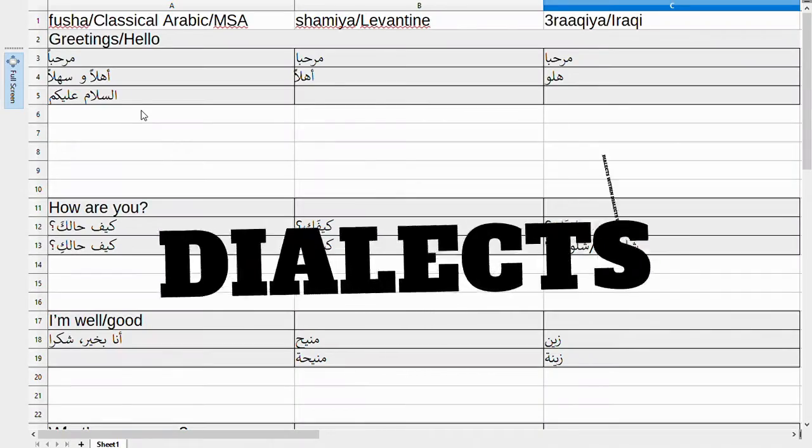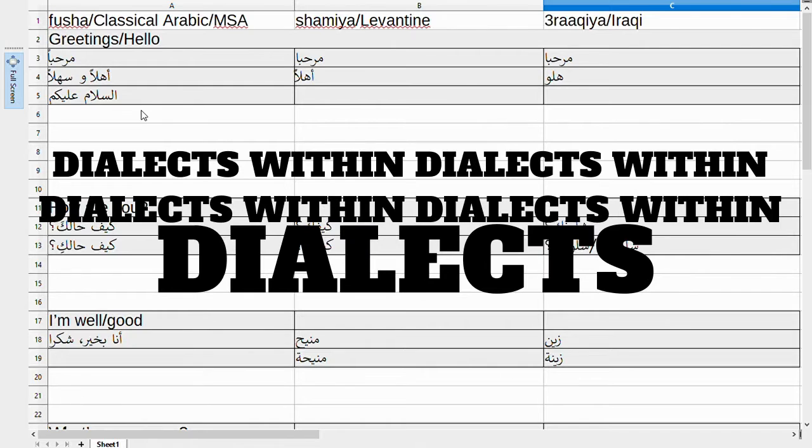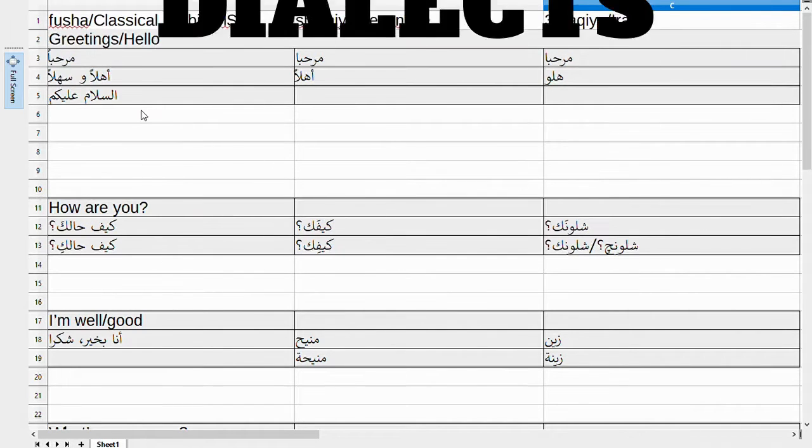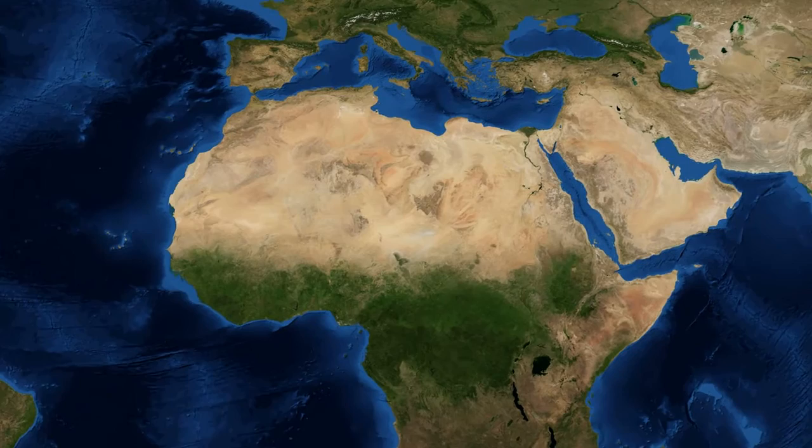Each of those countries will have their own, but at the same time, there's going to be, again, dialects within those dialects. So it starts to get a little bit interesting when we talk about all the different dialects out there: the Levantine dialect, the Gulf dialects, and then of course the North African dialects.